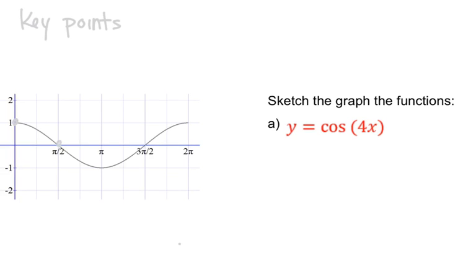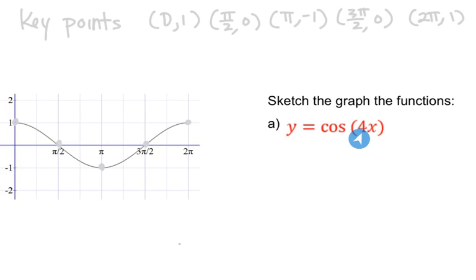For cosine, I have 5 key points. We always want to start with those key points: 0, 1; pi over 2, 0; pi, negative 1; 3 pi over 2, 0; and 2 pi, positive 1.